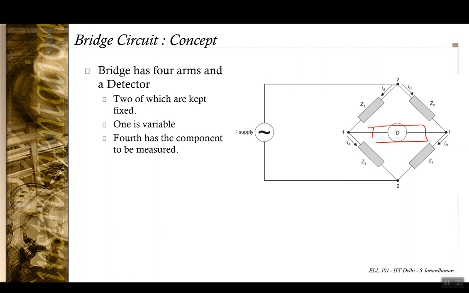So for example, you can have Z1 and Z2 being fixed, Z3 being variable, and Z4 being unknown. In different bridge circuits, the unknown arm and the variable arm are changed. In some cases the variable arm can be spread over two different arms also. We'll come to those peculiarities later. For now, let's stick to the fact that two of the arms are fixed, one is variable, and the fourth has the component to be measured.